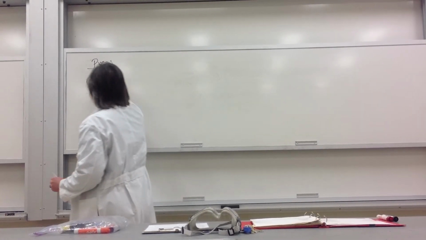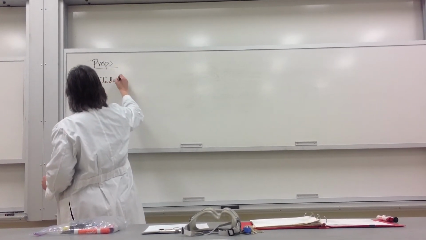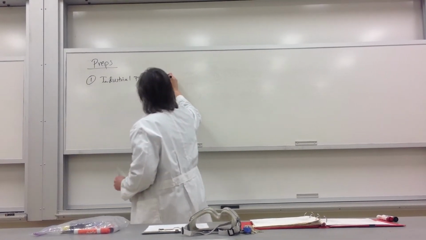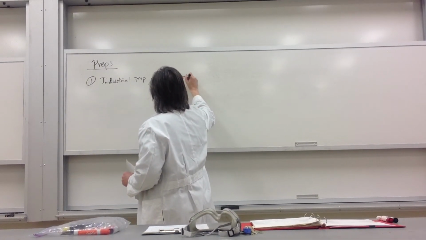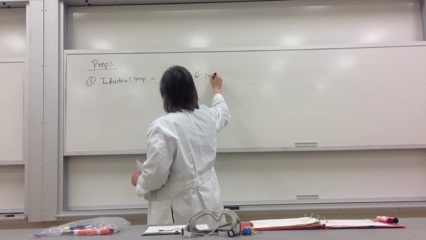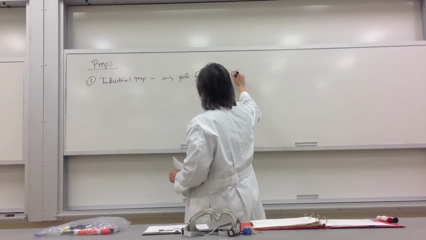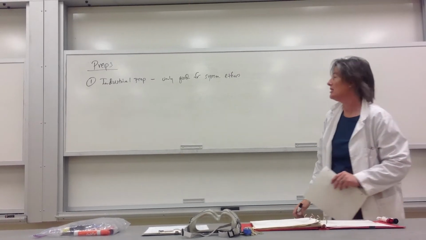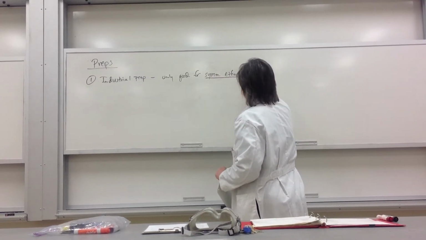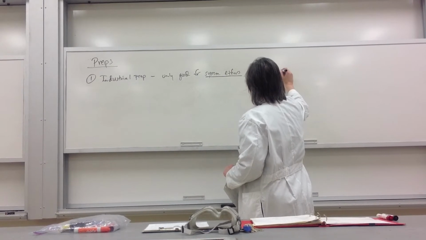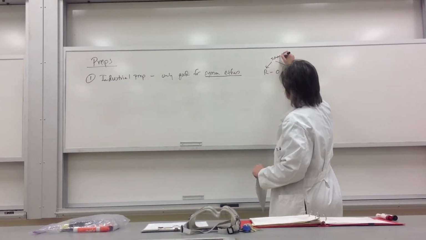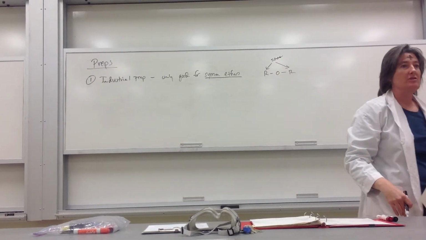So we can call this the industrial prep. And it's only good for what are called symmetrical ethers. So it has some limitations to it. And what I mean by symmetrical ethers is that these R groups, here and here, they're the same. So they both have holes, they're both methyls, whatever.